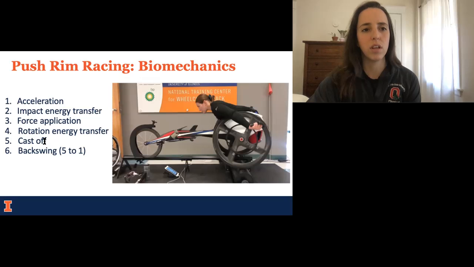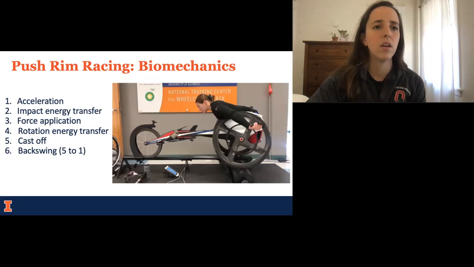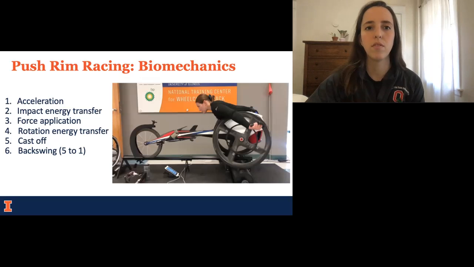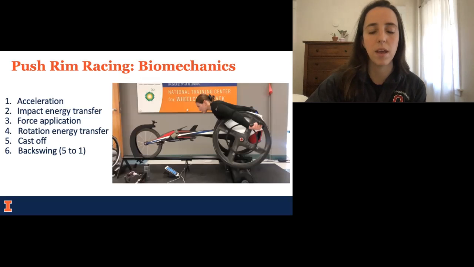You'll have release, which is the same thing as cast off, and then you'll have a separating phase, which is similar to the backswing. It's just where your hands are separating from the ring. But they're all very similar. That's just a difference of verbiage there. Some coaches use this way, some coaches use the other way. It's very similar to the gait cycle, where they just use different ways to describe kind of the same thing.